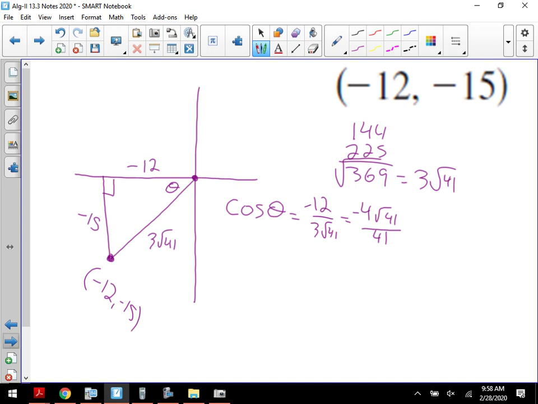Go to sine, same thing. I'm sorry, I meant sine. Excuse me, I just said cosine. Negative 15 over 3 root 41. And now we have negative 5 root 41 over 41.